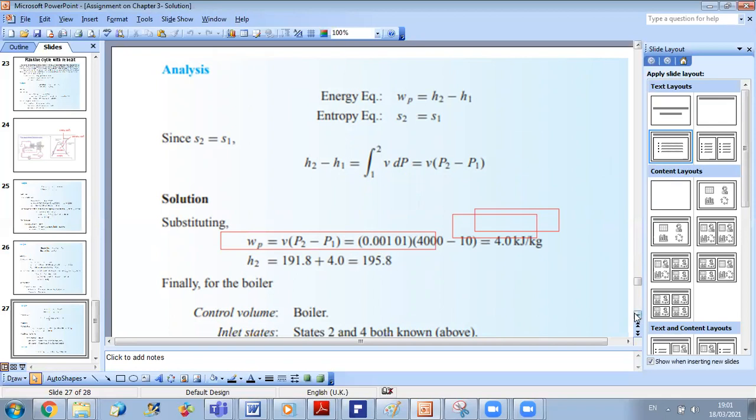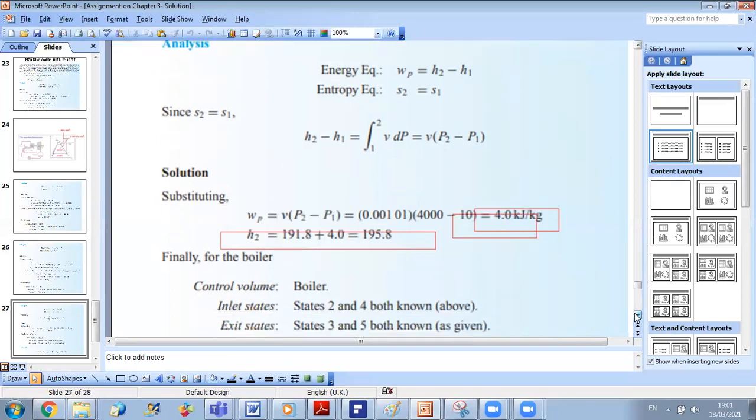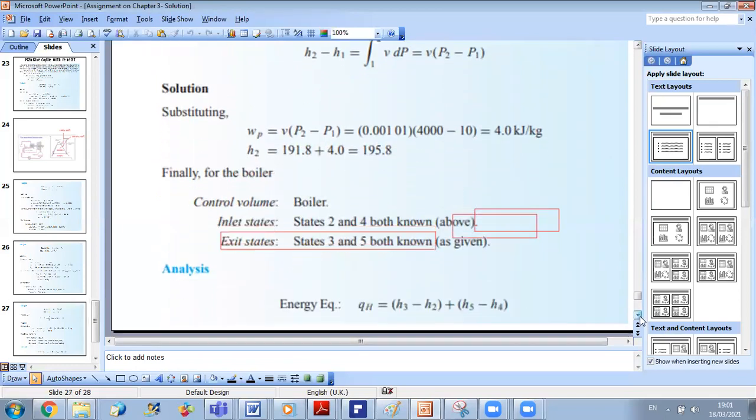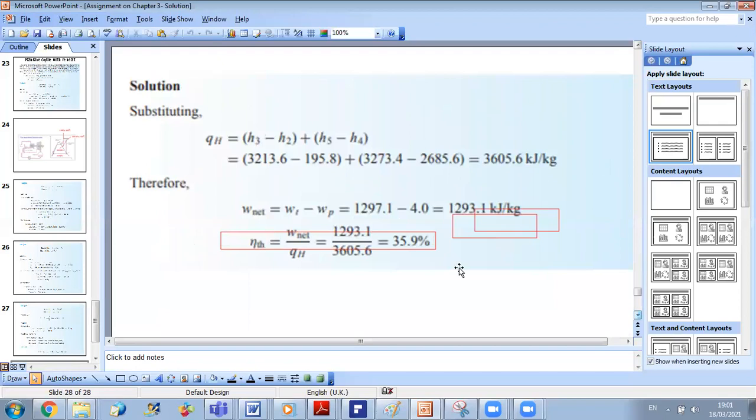Now, in order to divide by Q boiler, we should pay attention that we have two heating steps. The first one, then the reheat step. So we should get the H at points 2, 4, 3, and 5. They were already calculated, so they just replaced them by their values.